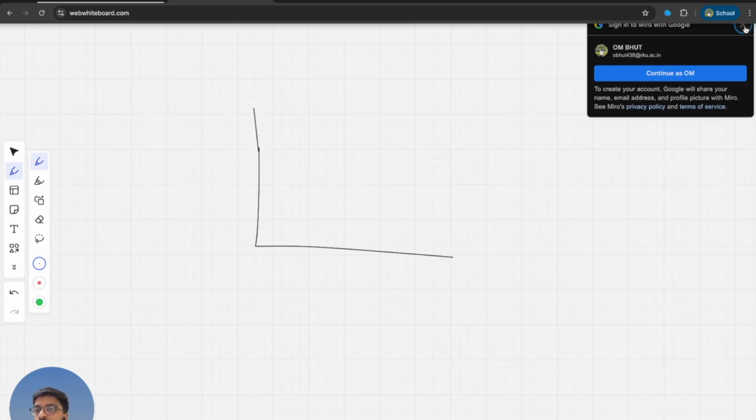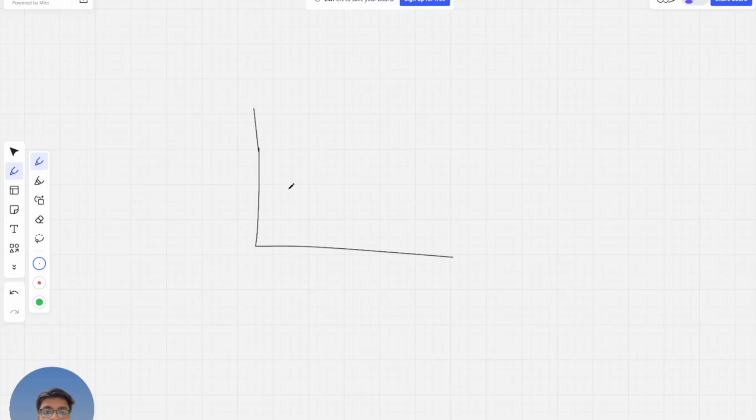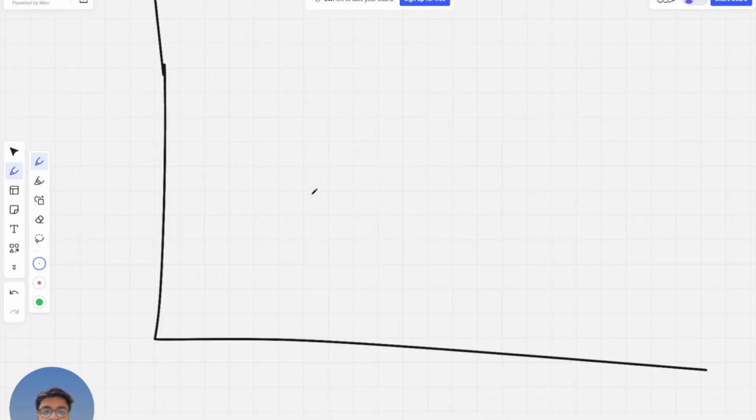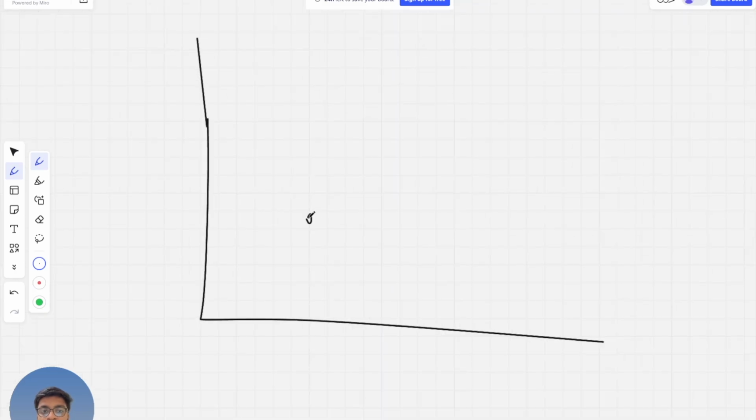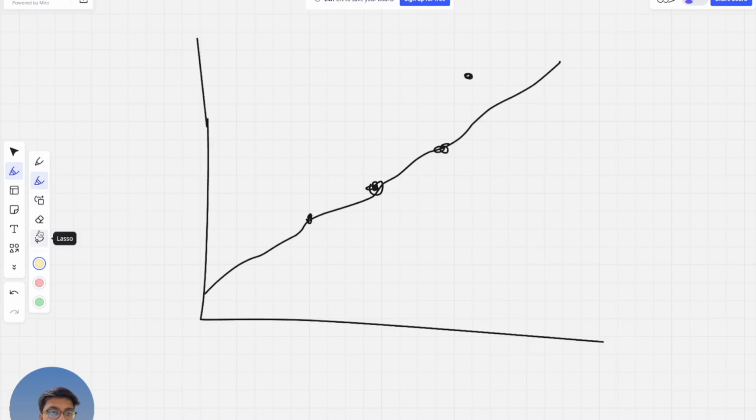I'm not a pro in drawing, so we have some points being plotted like this, this, this. Let's suppose we are plotting this thing. Okay, this is our graph which has been plotted, right?